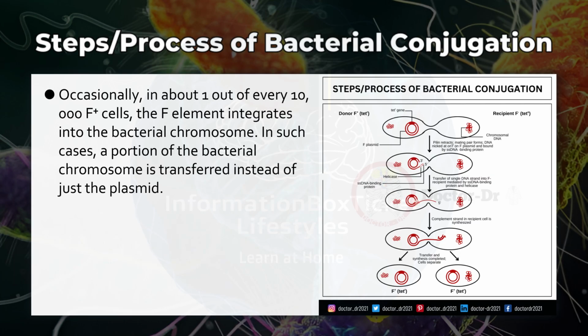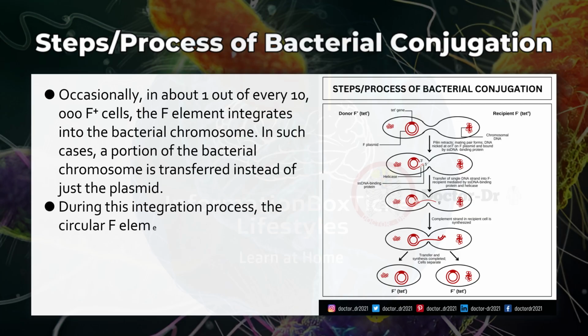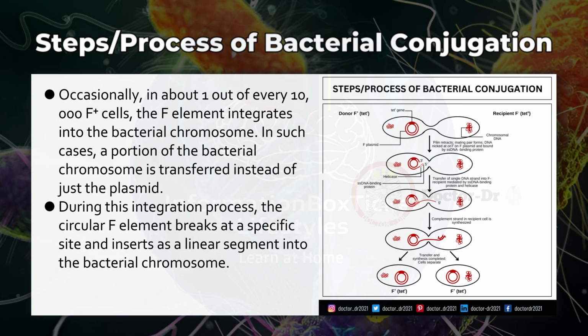Occasionally, in about 1 out of every 10,000 F+ cells, the F element integrates into the bacterial chromosome. In such cases, a portion of the bacterial chromosome is transferred instead of just the plasmid. During this integration process, the circular F element breaks at a specific site and inserts as a linear segment into the bacterial chromosome.